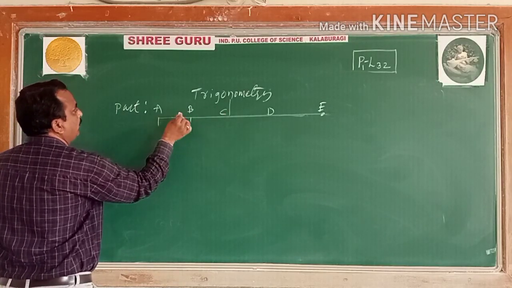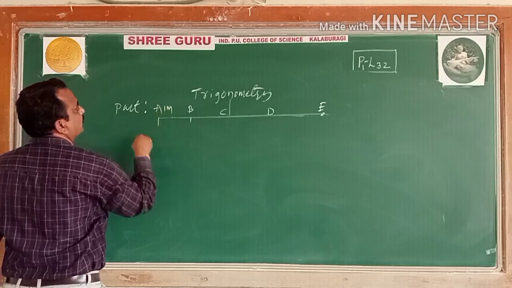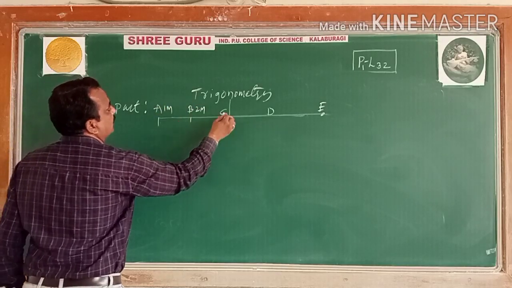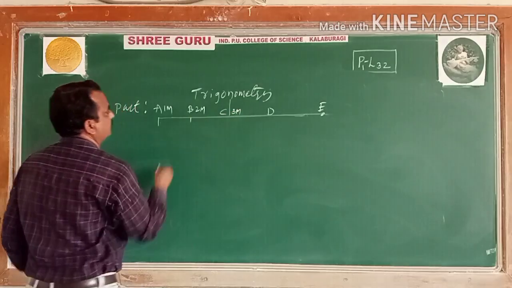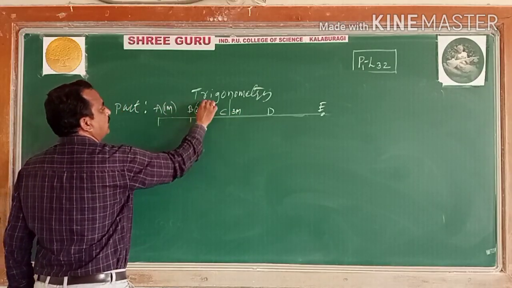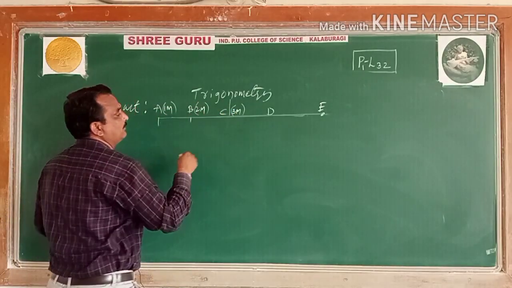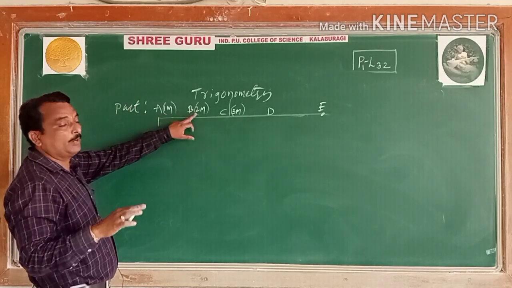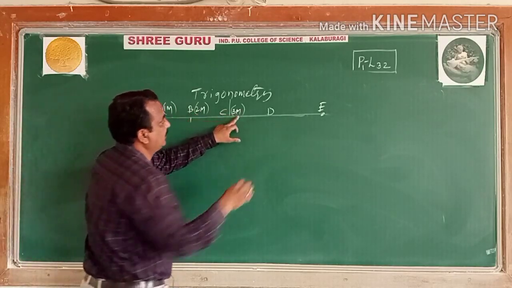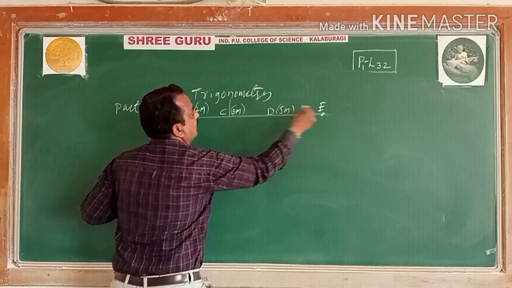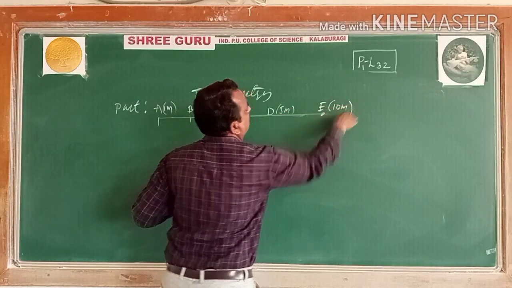You know very well, part A is 1 mark questions, part B is 2 marks, part C is 3 marks, part D is 5 marks, and part E is 10 marks.